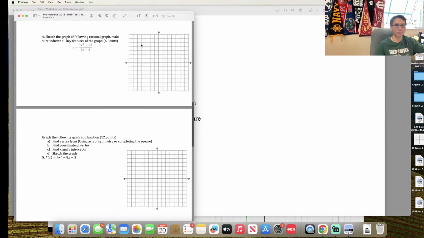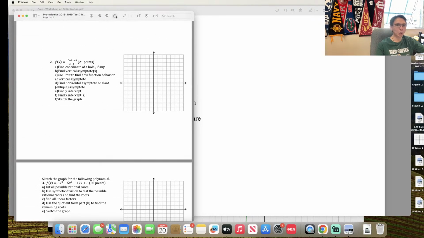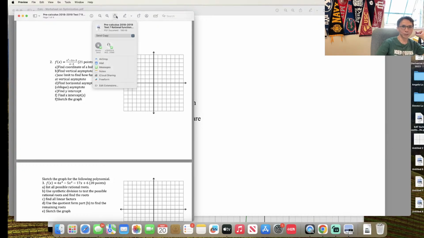Okay, I'm going to airdrop this to you. Now, the only thing that is not on this test, but is on previous tests, is the polynomial inequality, which is a number line test, like radical domain. I like the one with the square root, so make sure you know that square root one. But I'm going to airdrop it to you, and you can get a head start.